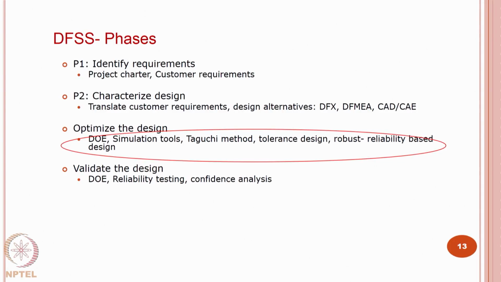So, this you can think of as concept level, then you build CAD models and you want to optimize your design. The moment we say optimize your design, you need more alternatives, you need more designs. You cannot just say one design and I will optimize it, unless the word optimization itself means competition.